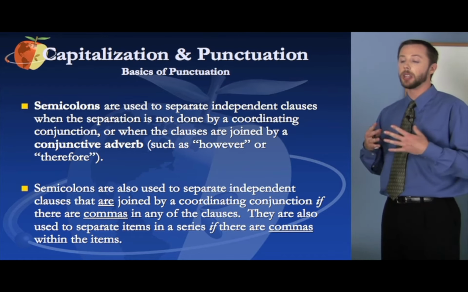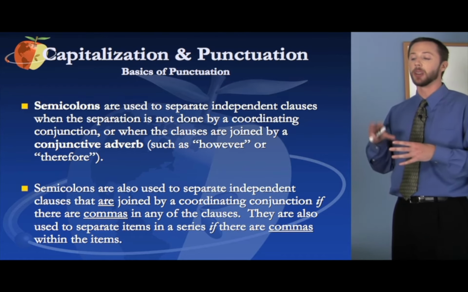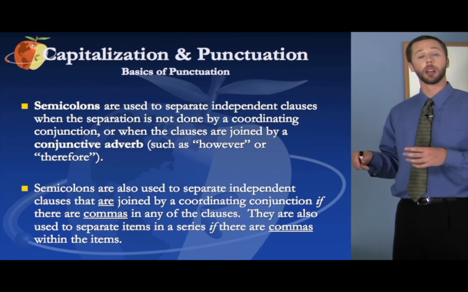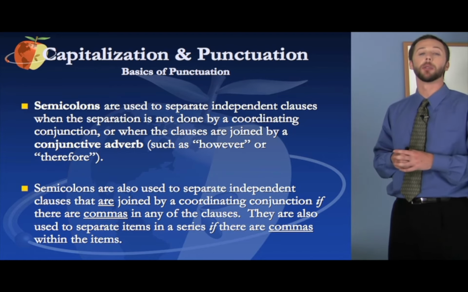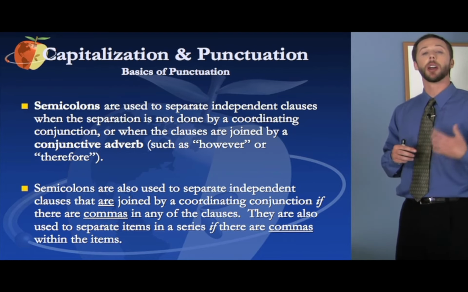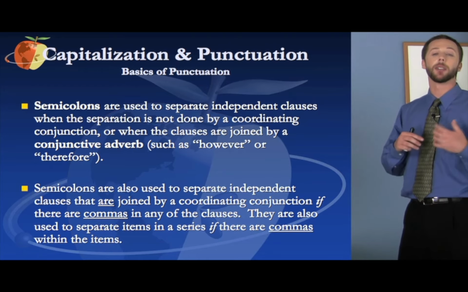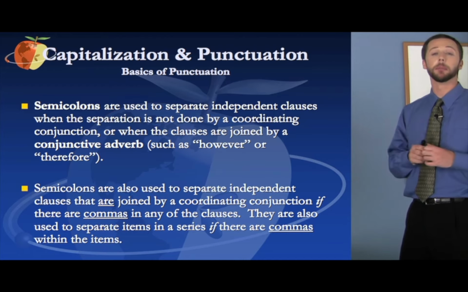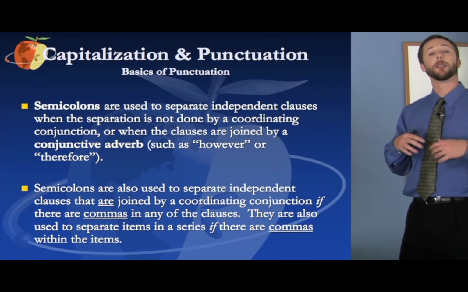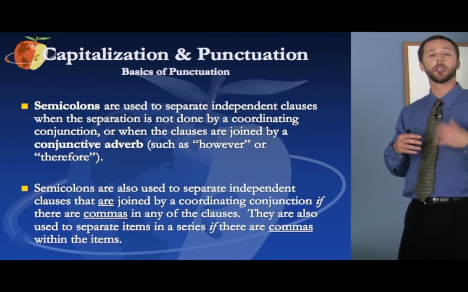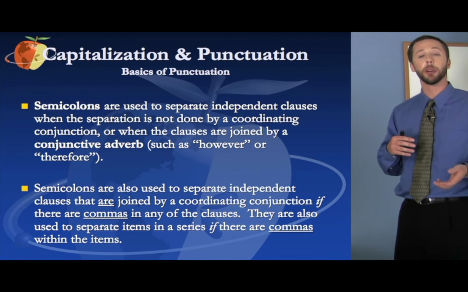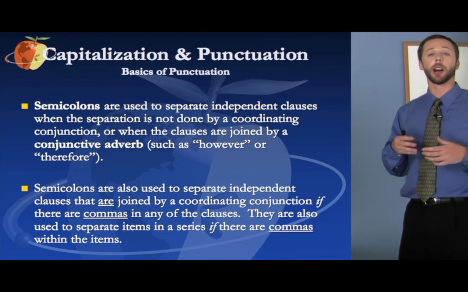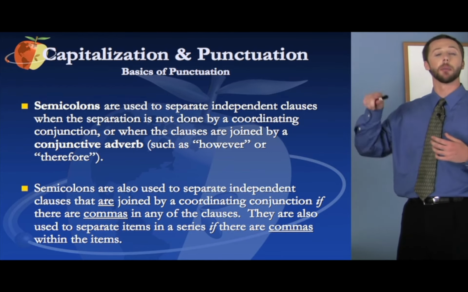Or if there are separate lists, and within each of the lists you have a sublist that's separated with commas, there's another example of that same concept. So if I said, "I went to the store and bought food, such as bacon, eggs, cheese, and milk, with commas in between each of the items; toys, such as Lincoln Logs, Tinker Toys, and building blocks; and cleaning products such as mops, brooms, and buckets," commas in each of those lists.